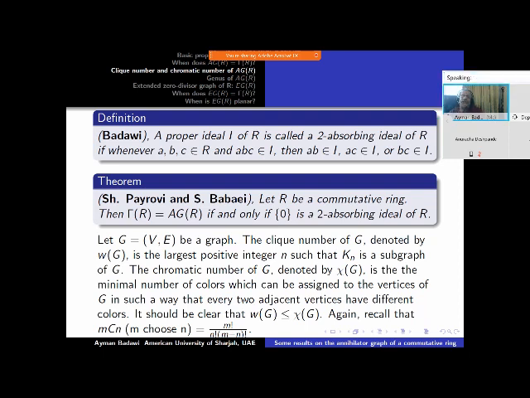How they made the connection between these two graphs with the 2-absorbing ideal. And yeah, there is a beauty in that. And that beauty is due to these people here. I did not observe that, even though I introduced the concept, that these two are the same if and only if.